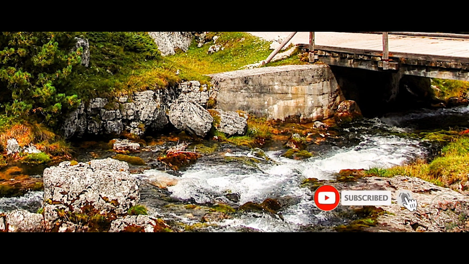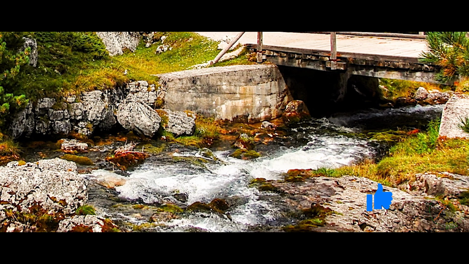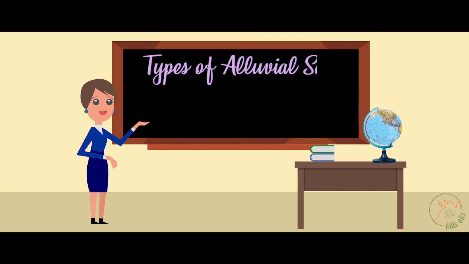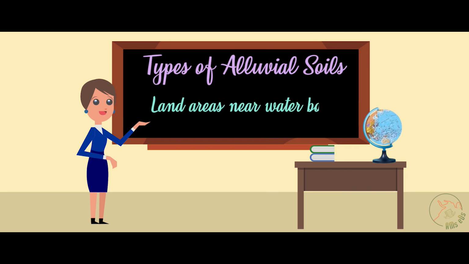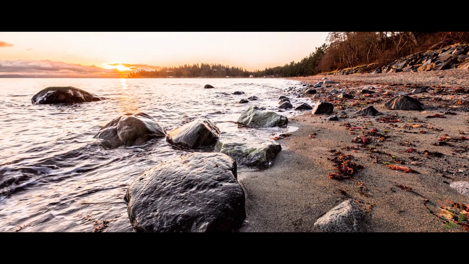So, let's move on to the study of alluvial soil based on the areas where they are found. We can find that alluvial soil is of three types according to the water bodies or land areas near the water bodies where they are found. Accordingly, they are called by different names.